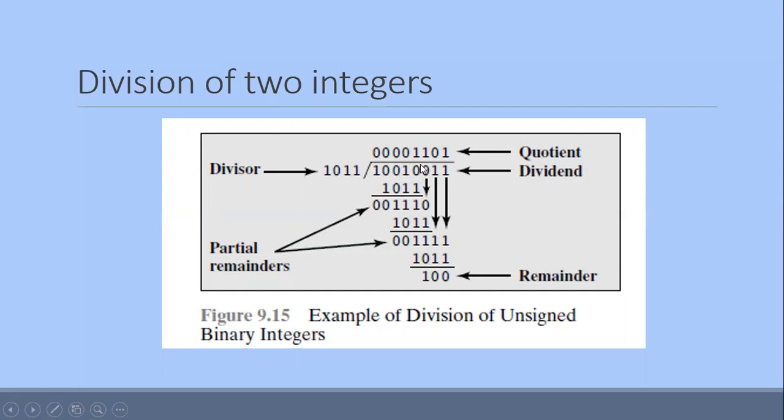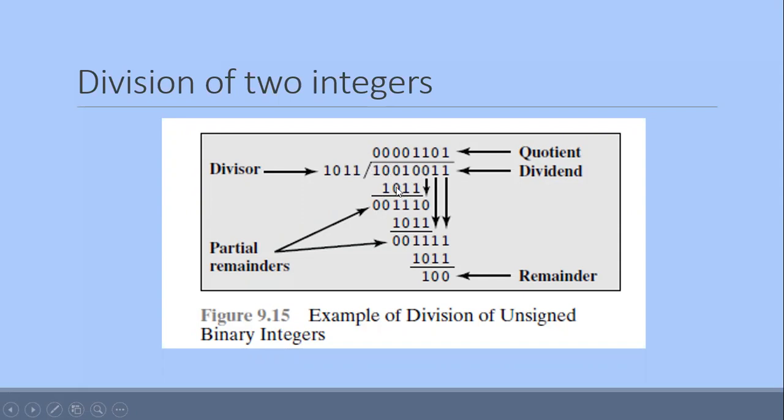10010. This is 18, right? So this number is greater than 11. Now we can subtract this 1011 from this 5-bit number.